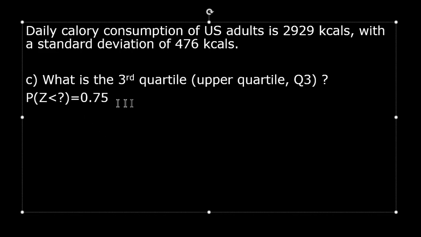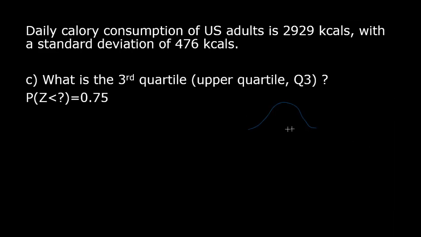That's really what we want. And 0.75 comes from the fact that we were looking for the upper quartile. If this was the lower quartile or the first quartile, this should be changed to 0.25. If we were looking for the 60 percentile, then this would change to 0.60. Okay, so we're looking for a certain value where, if you look at the left of that, you get 75%.